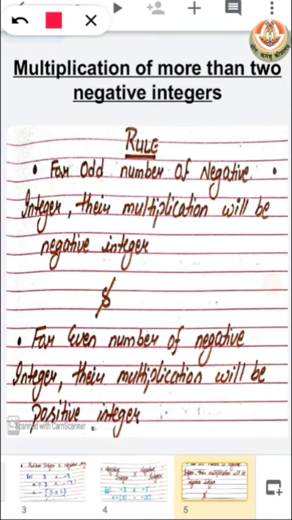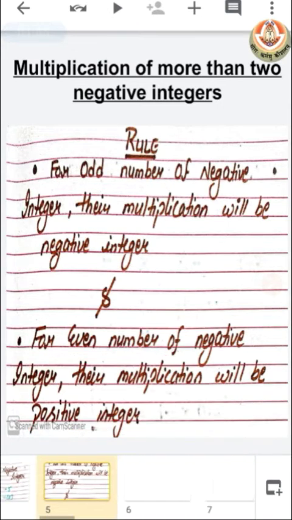The first one is when the number of negative integers is odd, then the answer will be a negative integer. Whereas when the number of negative integers is even, then their multiplication will be a positive integer. Okay class?